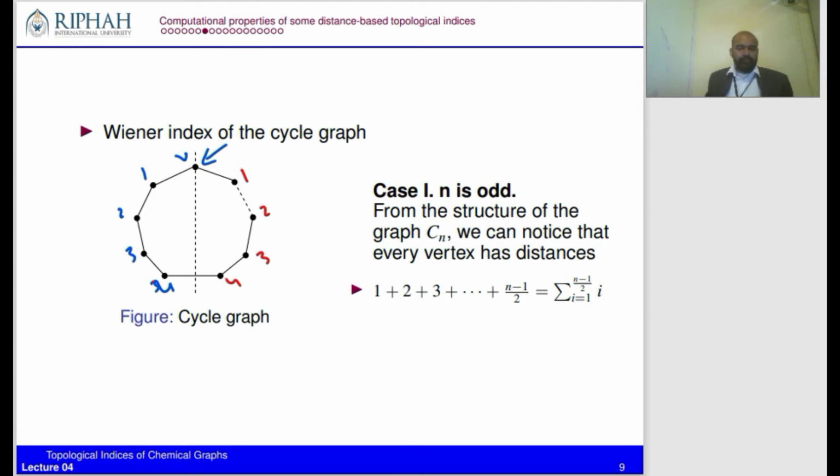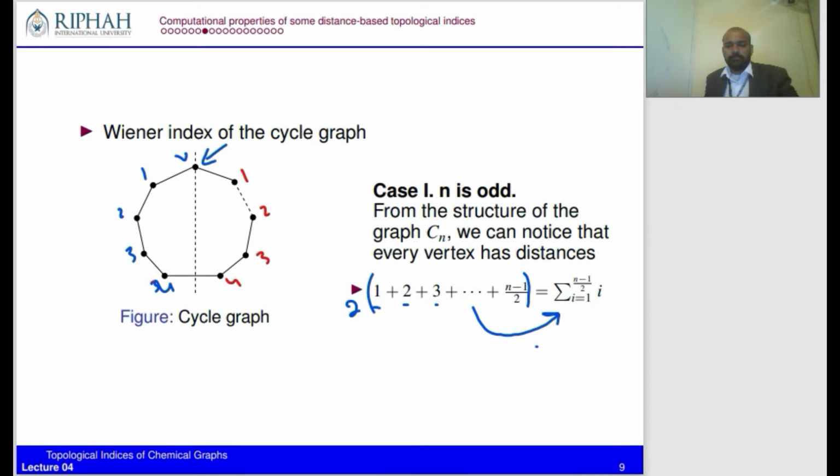So in a generalized way we can see that the distance of v from one side is 1 plus 2 plus 3 up to n minus 1 divided by 2 from one side, and finally we will multiply it by 2 because on the other side the distances are the same. We write this as a summation, i from 1 to n minus 1 divided by 2, of i. So we use this information in the definition of the Wiener index.